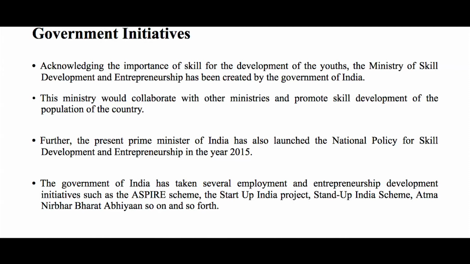With a vision to skill its young population, as we have discussed in the previous module, the Government of India has undertaken several employment and entrepreneurship development schemes and initiatives such as the Aspire scheme, the Startup India project, the Atmanirbhar Bharat Abhiyan, and so on.